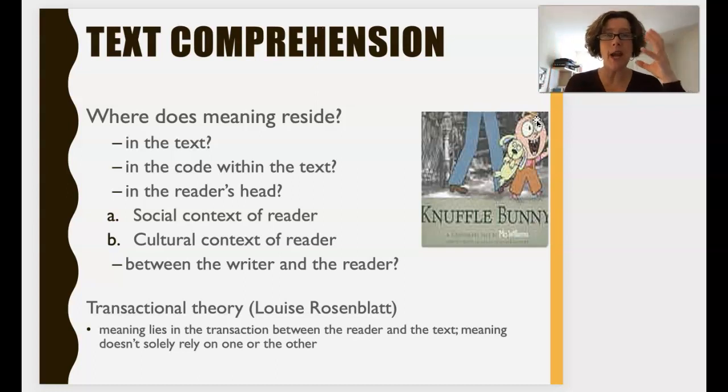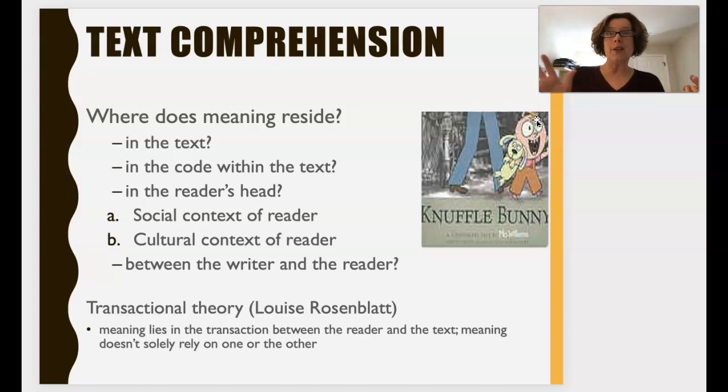Is the comprehension of the book dependent on the social context of the reader, how the reader is reading it? And do we have to look at the cultural context of the reader? So again, a marginalized child may totally comprehend a text differently than a child from a dominant culture.